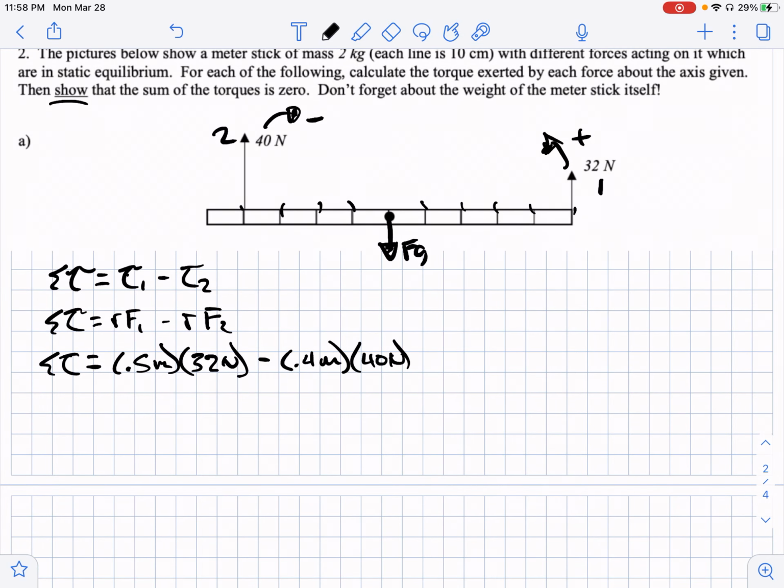So my net torque is going to equal 16 newton meters minus 16 newton meters, which is equal to 0. So now we've shown that the net torque is equal to 0.